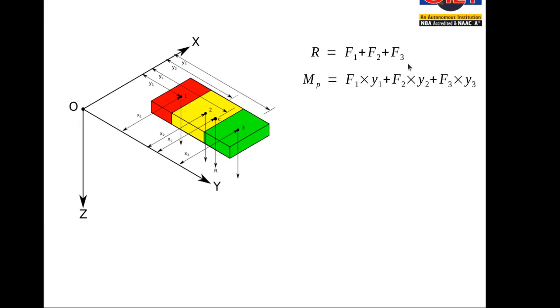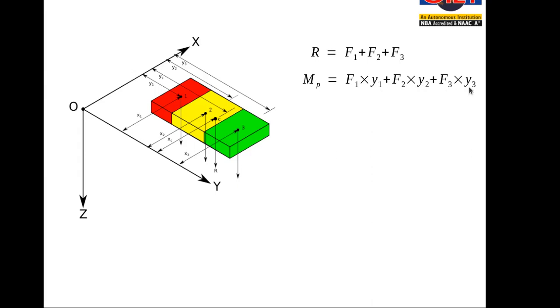Now if I take moment of all the forces in the system about any point on x-axis, I can write that moment as algebraic sum of moments of all the forces, that is given by F1 y1 plus F2 y2 plus F3 y3.